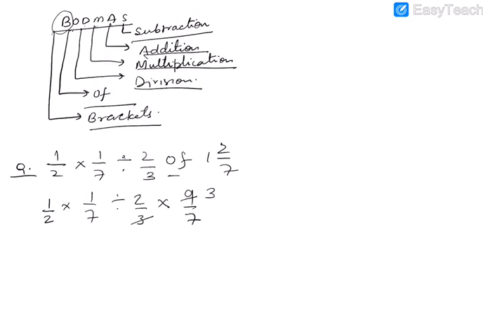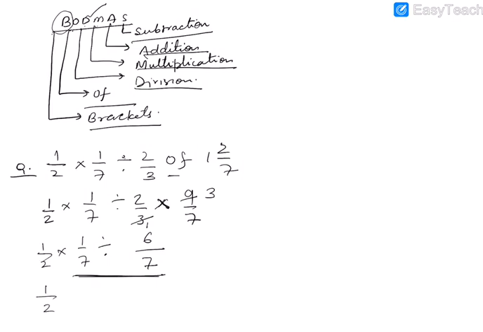So we can write here 1 upon 2 into 1 by 7 divided by 6 upon 7. Now, what is there? Division. We'll divide it.